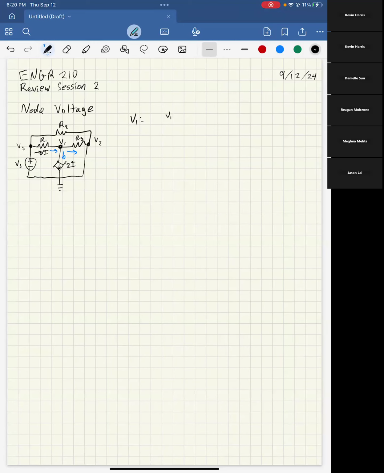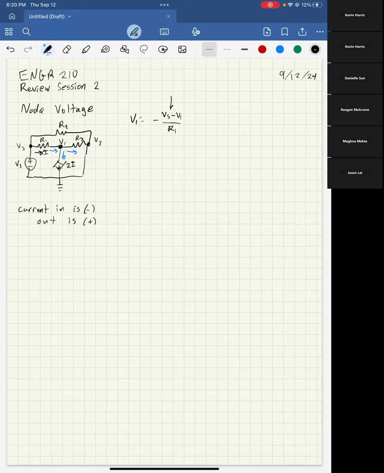So I'll start with the current from the left. Key to note, current in is negative, out is positive. So for V1, we'd have minus, because it's going in, (Vs minus V1) over R1.